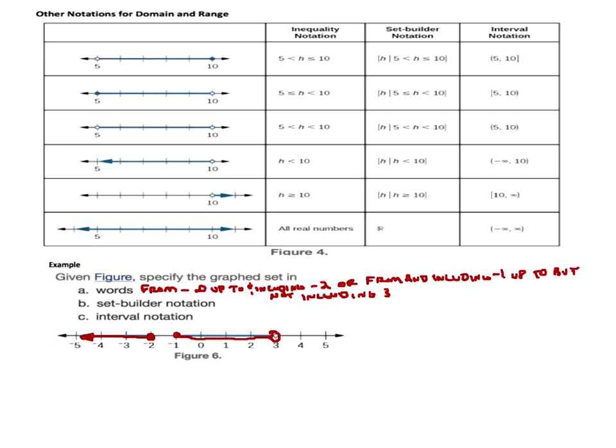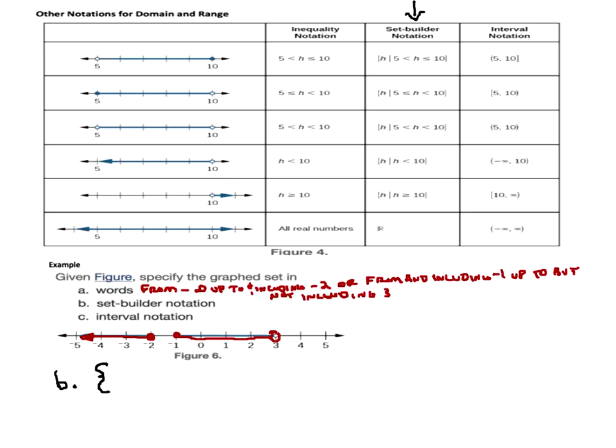Now, obviously, if we always had to write these words out, we would be spending a lot of time with something that we can symbolize quite easily with either set builder notation or interval notation. So writing this out in words is great for understanding it, but not so convenient when you're actually wanting to discuss this domain.